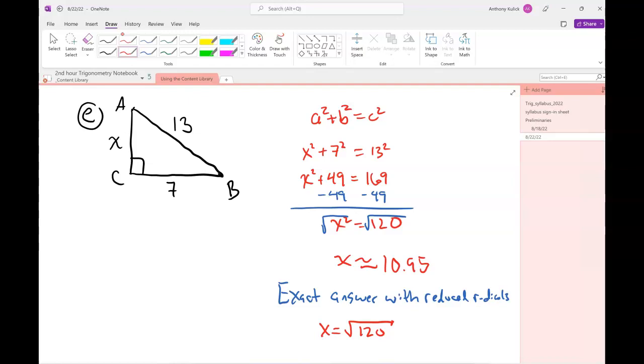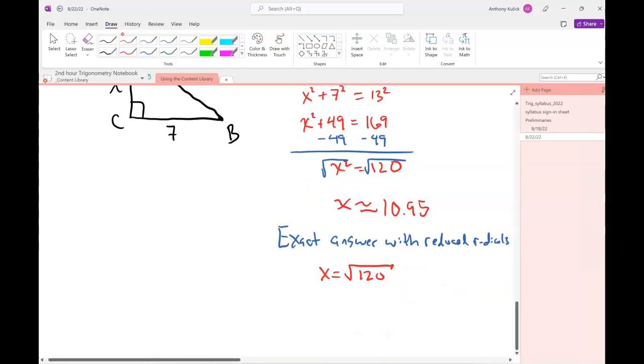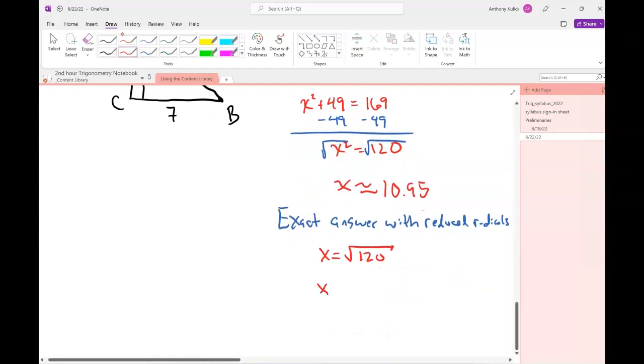Other than 1. Oh, yeah, you can get a 5. 10 isn't a perfect square though, right? 4 is a perfect square. 10 isn't a perfect square because the square root of 10 isn't a whole number. But 4 is, right? So we can rewrite the square root of 120 as the square root of 4 times 30, right?